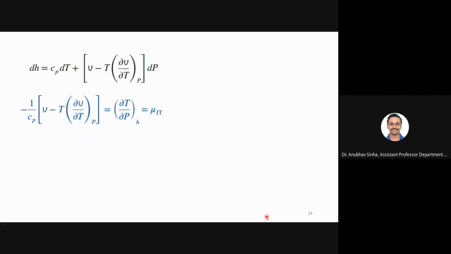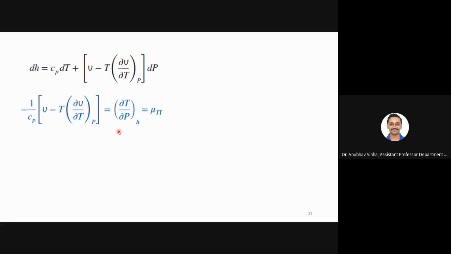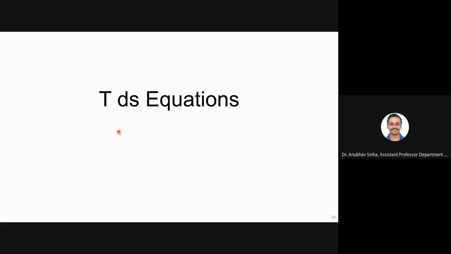So for a real gas, we can also define dH like this. dH is 0 for an isenthalpic process or throttling. If you rearrange this, you get the definition of the Joule-Thomson coefficient. Okay, fine. Let us go to TdS equations now.